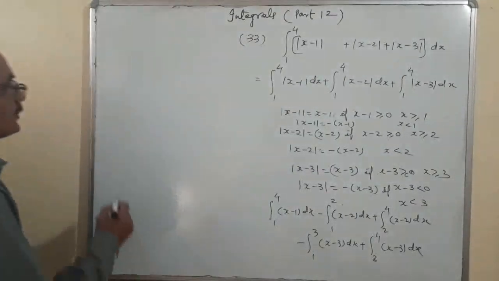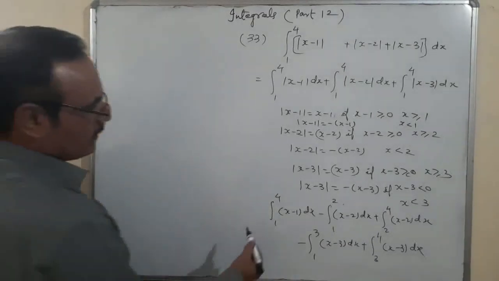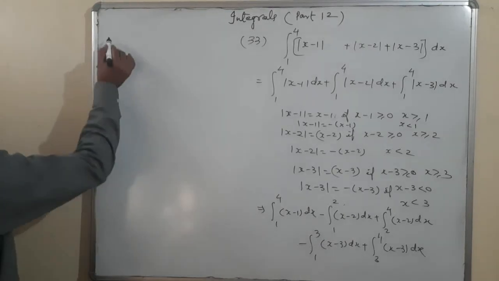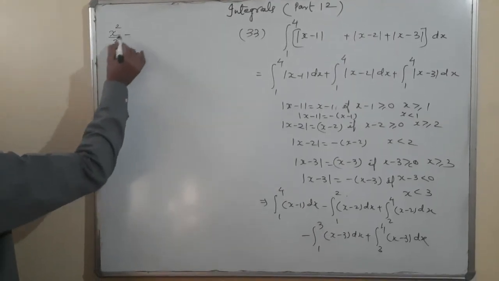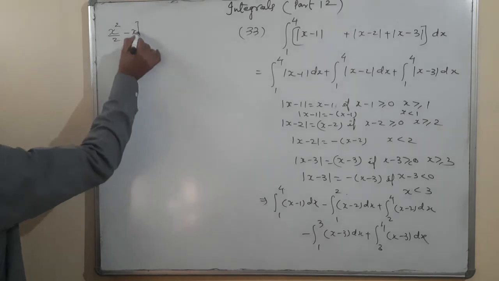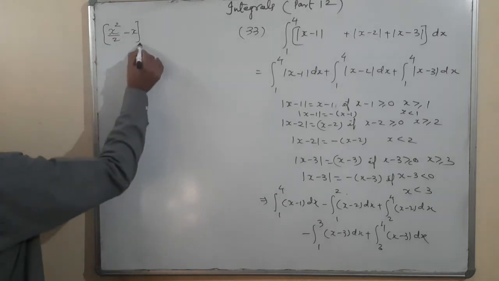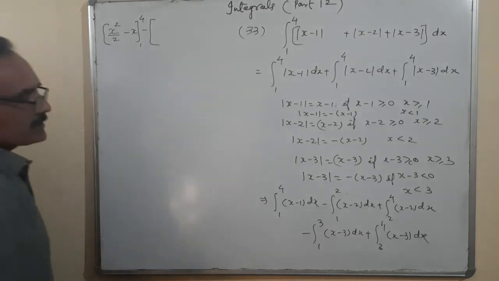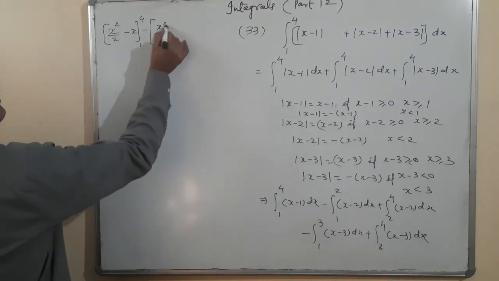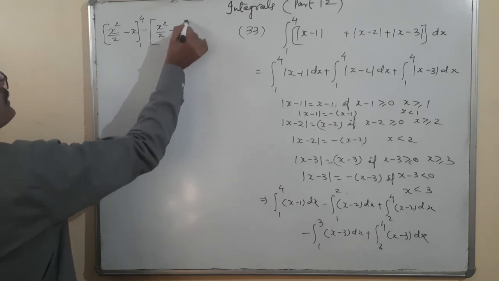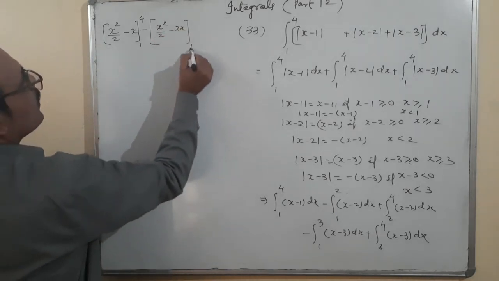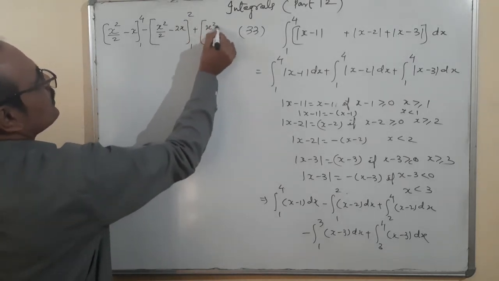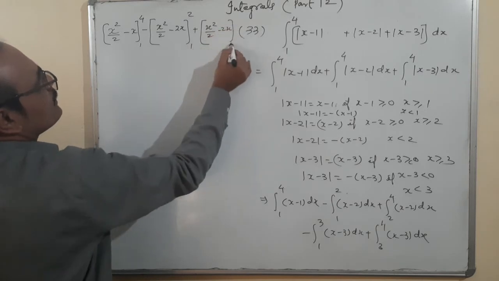Okay, integrate these terms from here. x minus 1 dx. So integration of it, x square upon 2 minus x, limit 1 to 4, minus integration of second term, x square upon 2 minus 2x, 1 to 2, plus x square upon 2 minus 2x, limit 2 to 4.